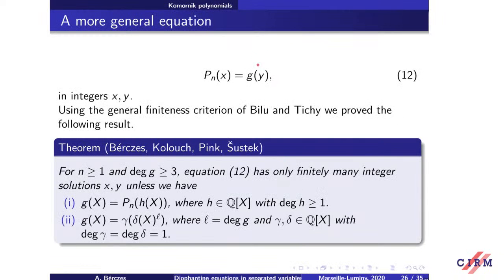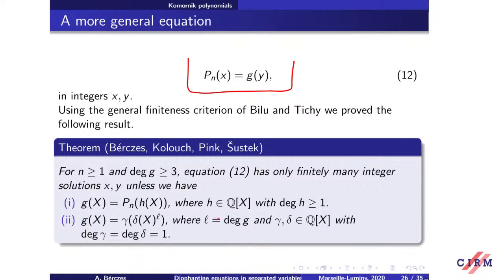And even more general, we consider the equation with arbitrary right-hand side. And we did prove that if g(x) is not of the form P_n(h(x)), or g(x) is not of the form gamma(delta(x))^L, where gamma and delta are linear polynomials with rational coefficients, and L is just the degree of this polynomial g, then we have only finitely many solutions.